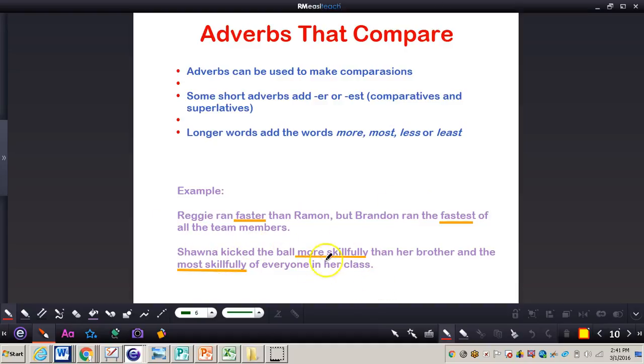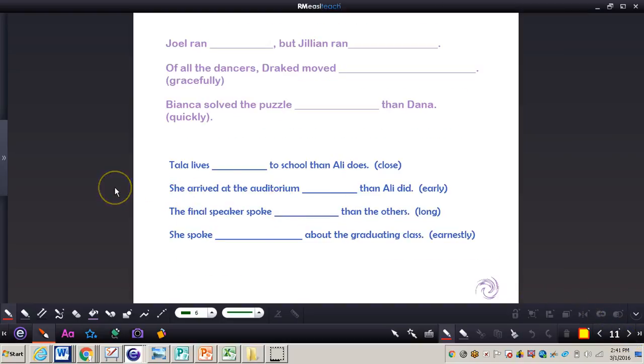So more skillfully is modifying kicked, talking about how, than her brother, and the most skillfully of everyone in her class. Okay, so we can see once again talking about how Shauna kicked the ball most skillfully of everyone in her class. Let's continue to take a look at adverbs that compare.